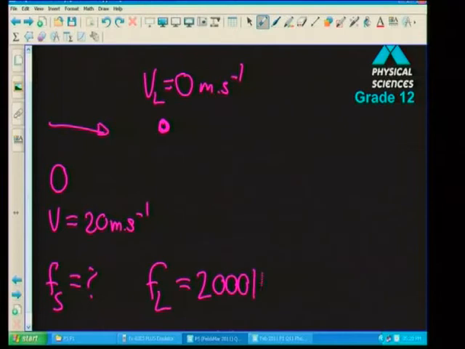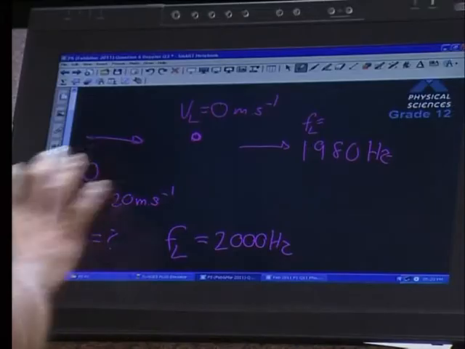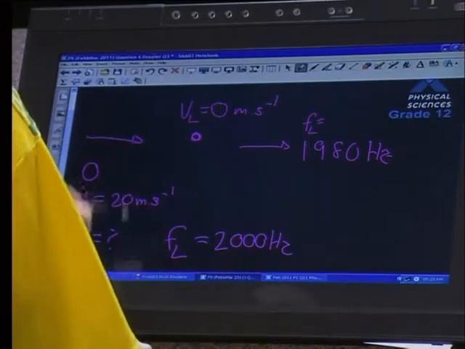We're not actually going to work this out. And when it moves away, then it's going to get less. So let's make it 1980. So that's the frequency of the listener after. And what they then ask you to do is to find the frequency of the source.